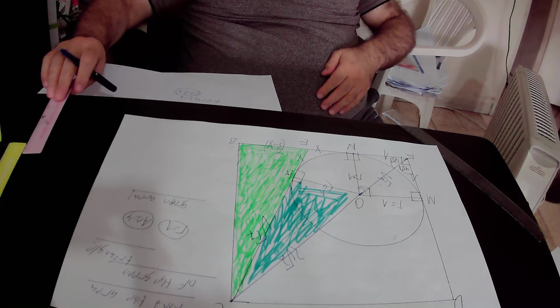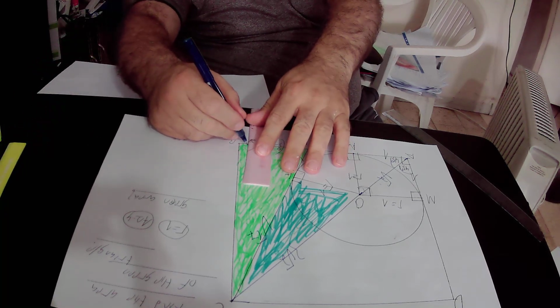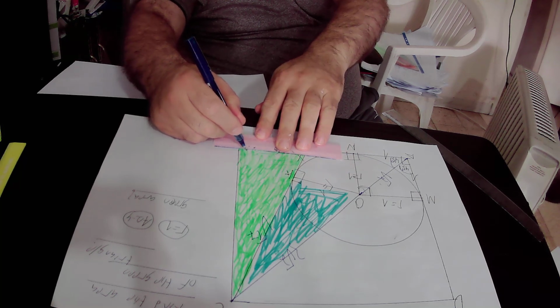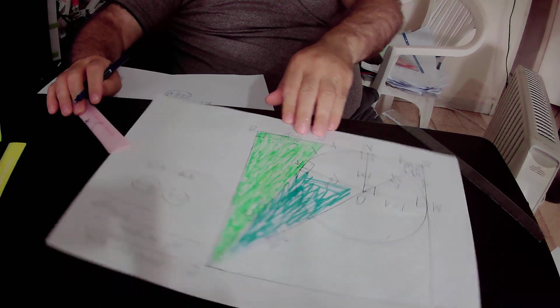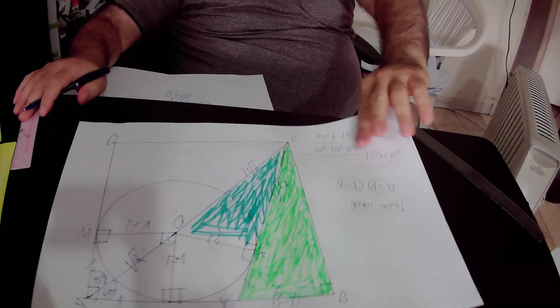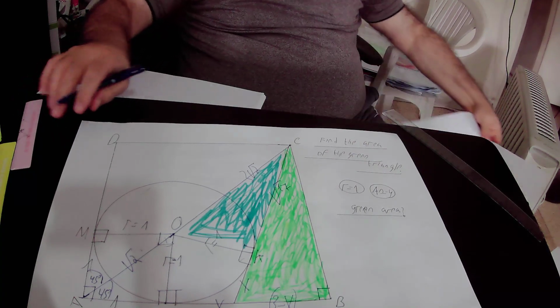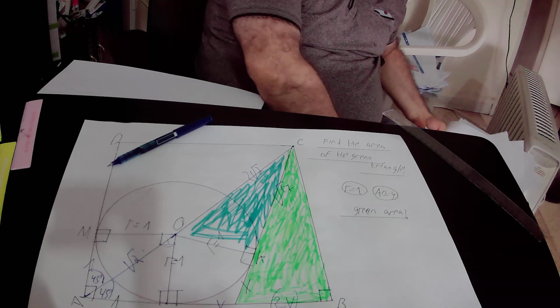Therefore, this angle ABC equals 90 degrees. So we focus on the right green triangle, triangle CBE.